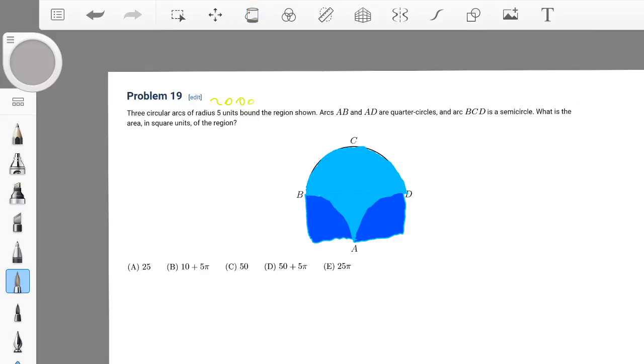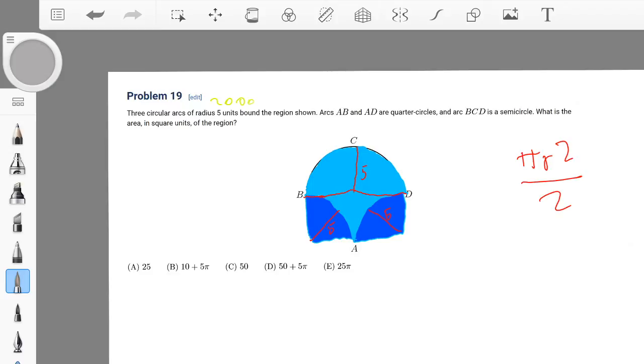Now, to help us find the area, we know that the radius of all these circles is 5. That's going to come in really handy. First, let's find the area of this semicircle. The area of a semicircle is the area of a normal circle over 2.